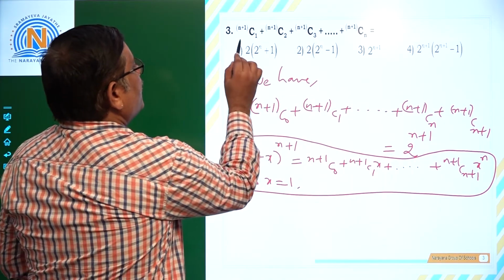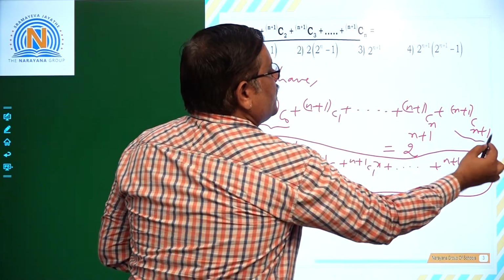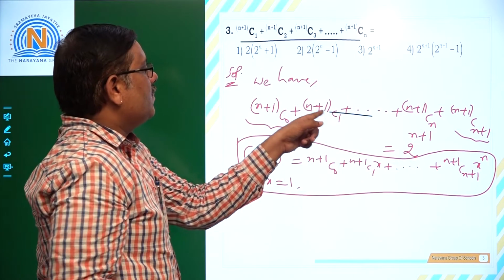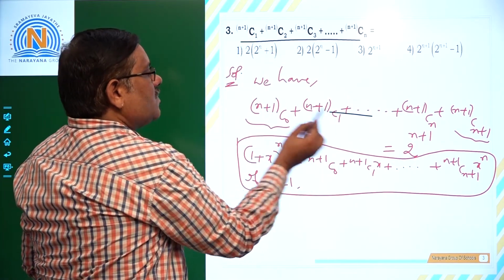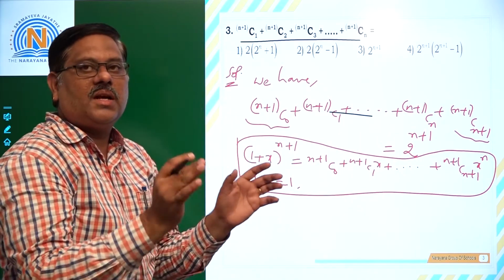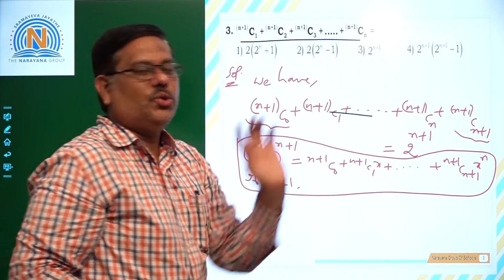Now, in this given question, what is missing? This is missing as well as this is missing. Remaining all are there. See, it is starting from n plus 1 C1. So n plus 1 C0 value as well as n plus 1 C(n plus 1) value are both nothing but 1 each. So this is 1 and this is 1, 1 plus 1 is 2.